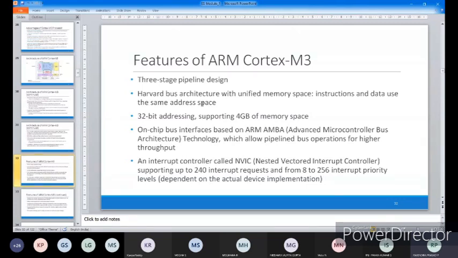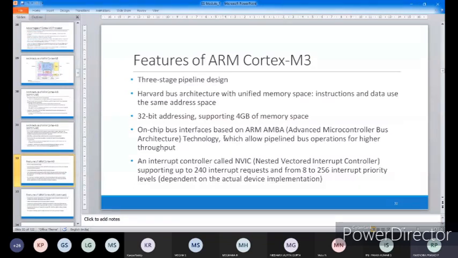Harvard bus architecture with unified memory space, instruction and data buses use the same address space, which is 32-bit addressing supporting 4 GB of memory space. So this processor will support 4 GB of data. Source code will take hardly a few KBs, still we have about 4 GB of memory to perform your operations. That is one big advantage.